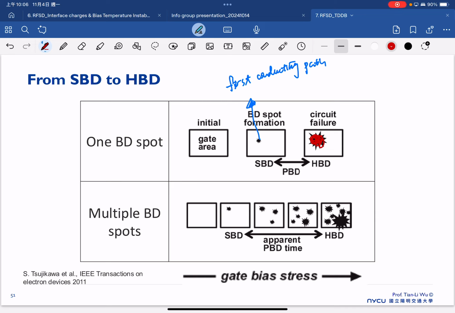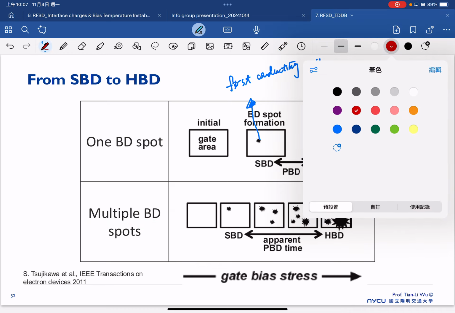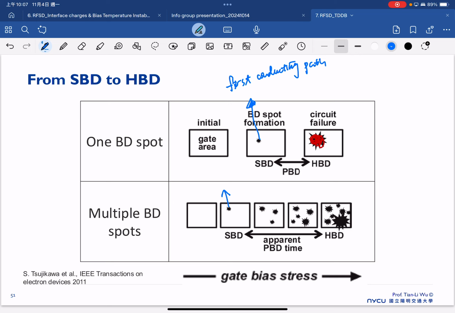So that's one scenario, where the current always goes through one breakdown spot. But on the other hand, we can possibly have a second case, where we have multiple breakdown spots here. So as usual, we have the first one.